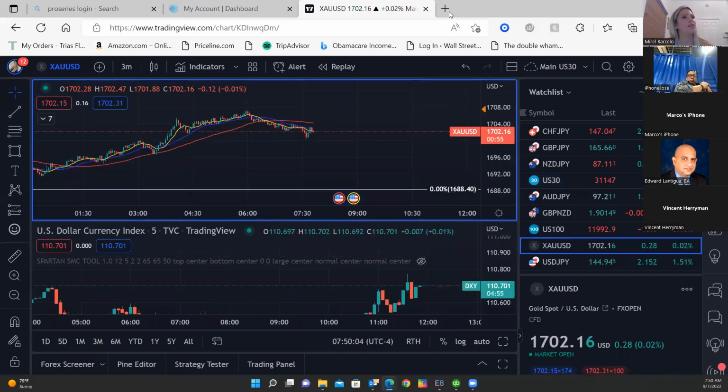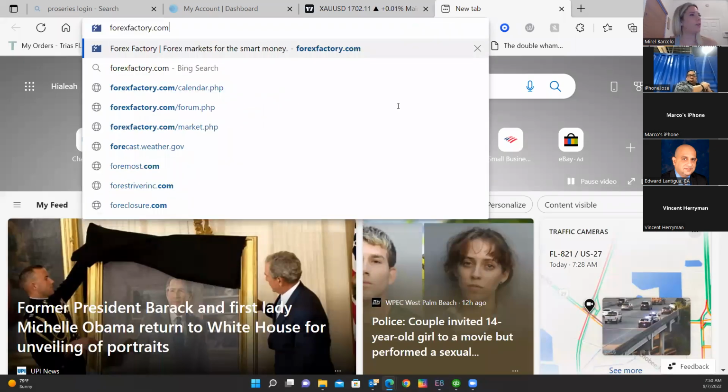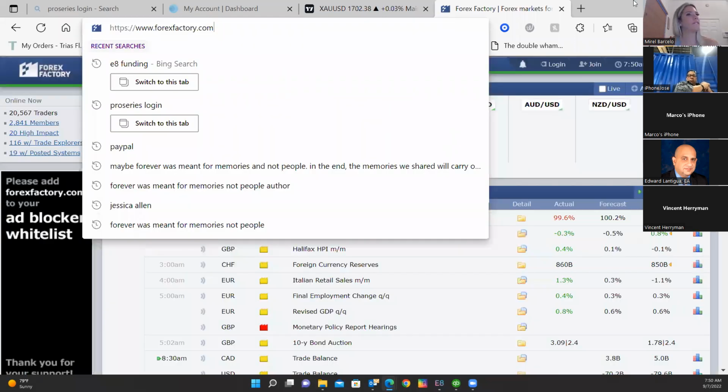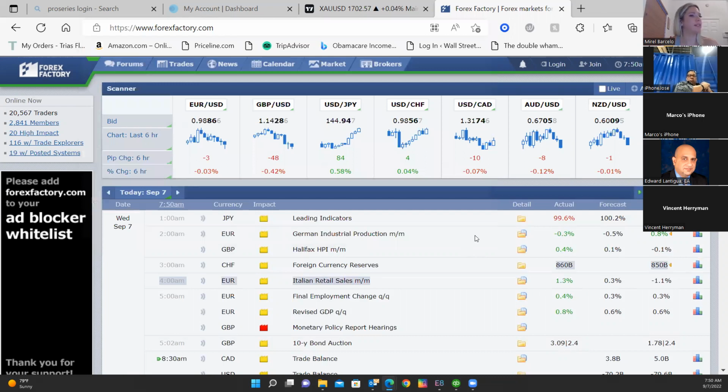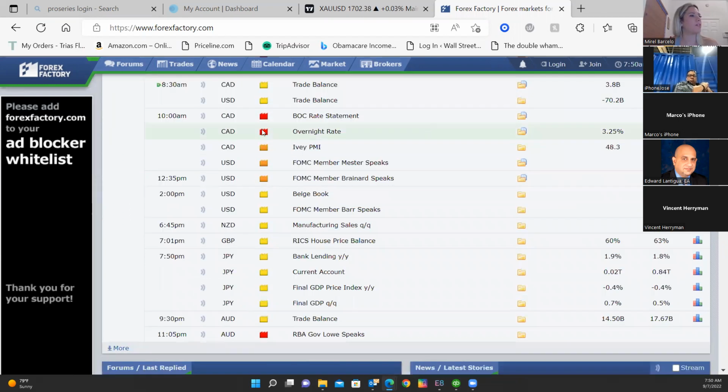Another thing, you guys, news. I use forexfactory.com for my news. All right, so today there's really not much impact going on when you see these folders that are either yellow or orange.